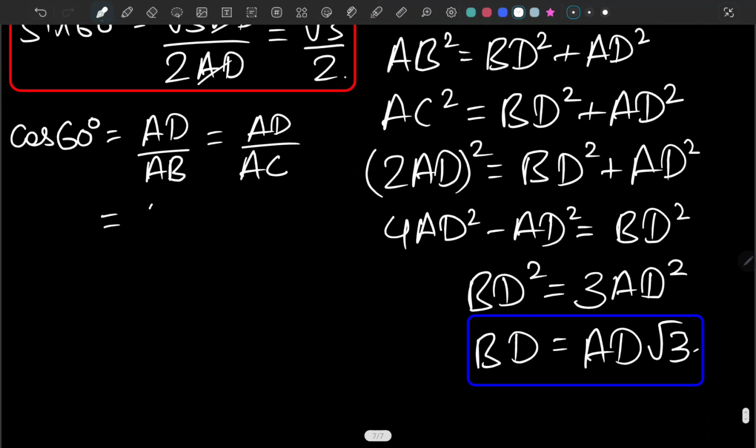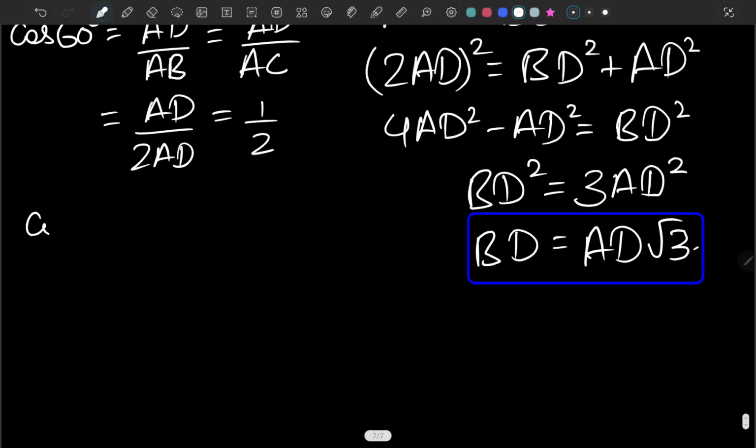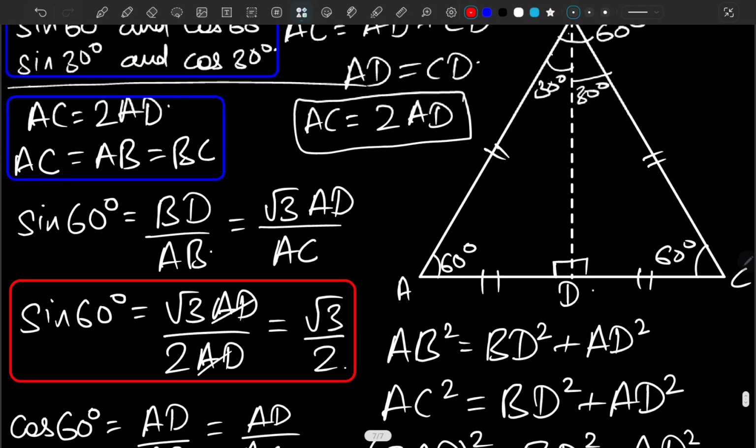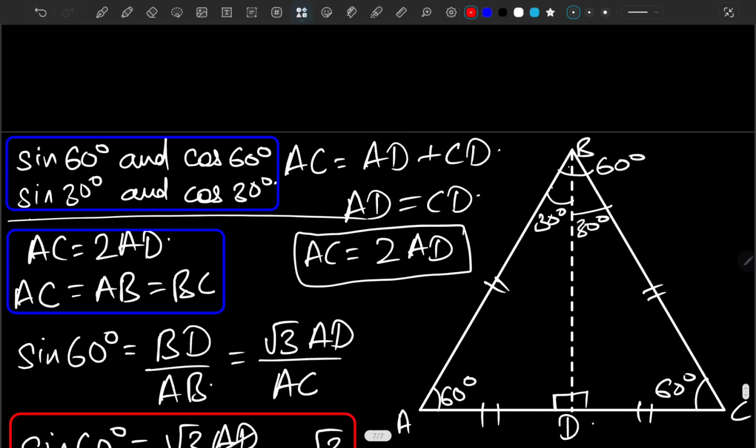That means it's AD over 2 times AD, and it comes out to be 1 over 2. Hence cosine of 60 degrees is 1 over 2. Wow, that was too fast. Whoa, that's amazing.